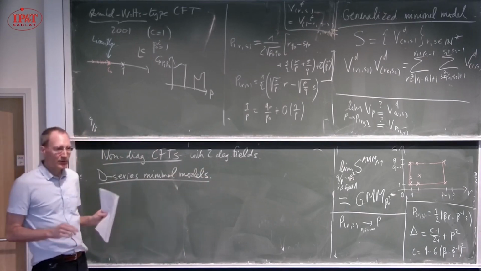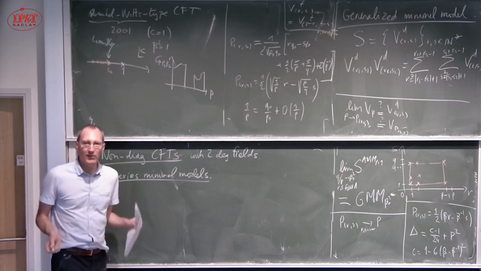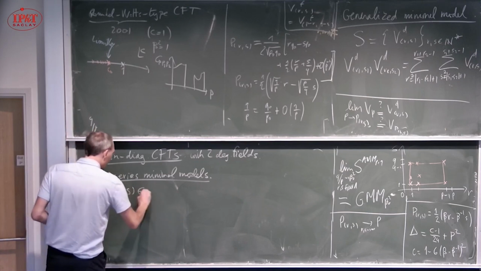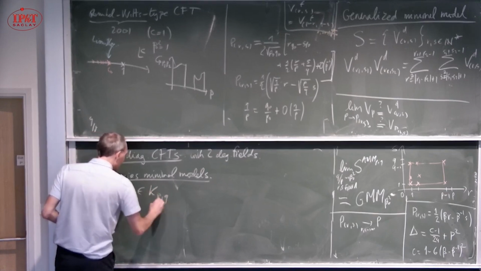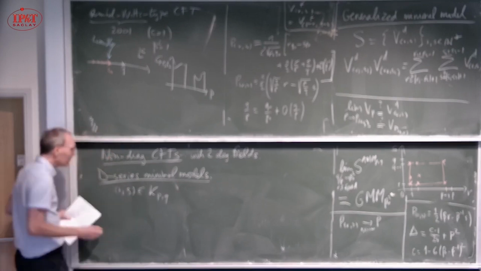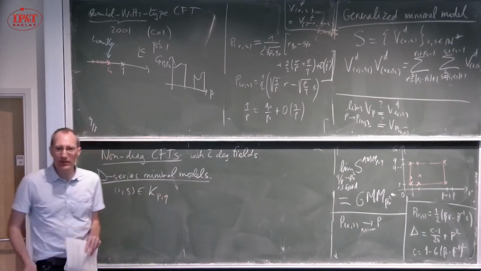And our basic assumption is that we use the same representations as we did in A-series minimal model. So we start with the Kac table, indices in the Kac table, and we want the left dimension to be in the Kac table, the right dimension to also be in the Kac table.